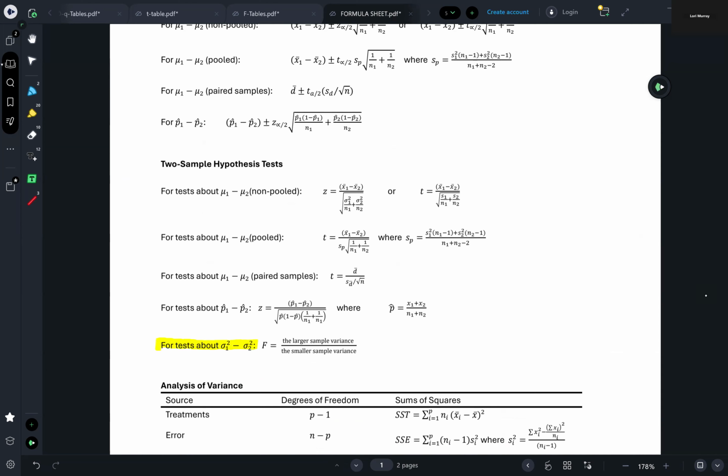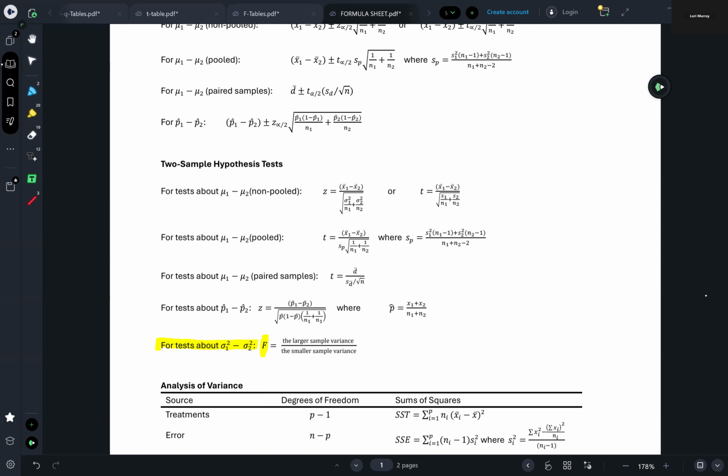So the null hypothesis was the difference between two variances was equal to 0 versus they were not equal to 0. So another way of putting that together is the null hypothesis is the variances are equal versus the alternative hypothesis is the variances are not equal. And that is when we needed that F test statistic, which was equal to the larger sample variance divided by the smaller sample variance.